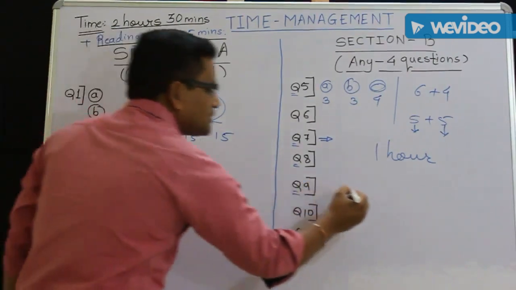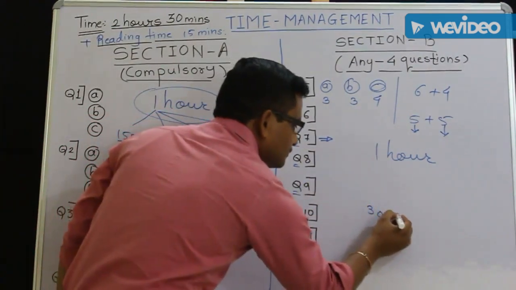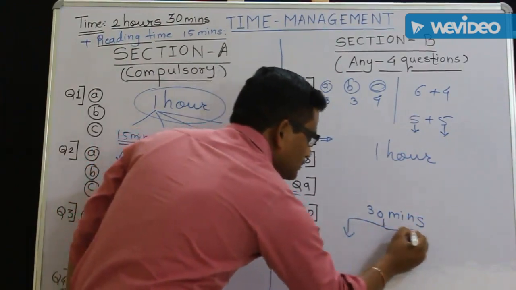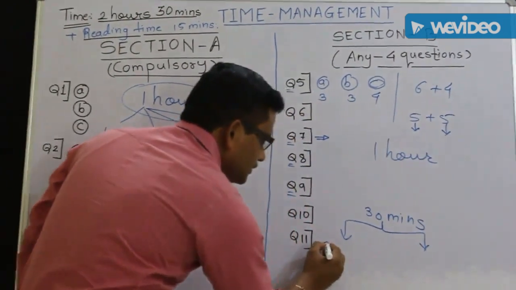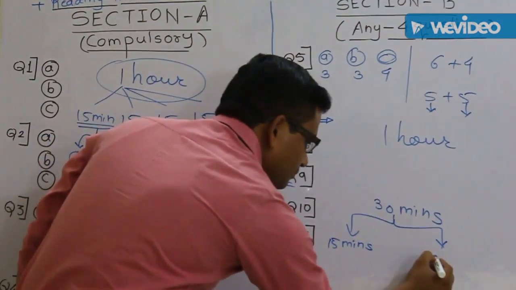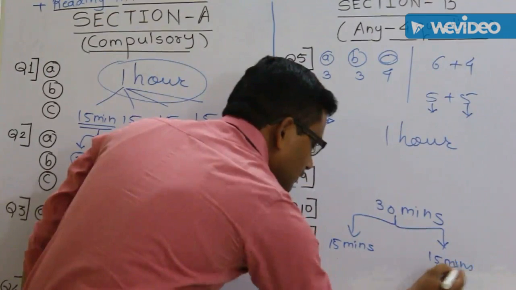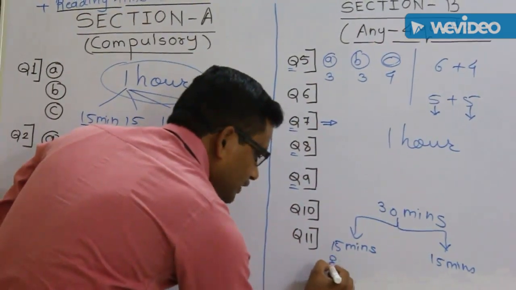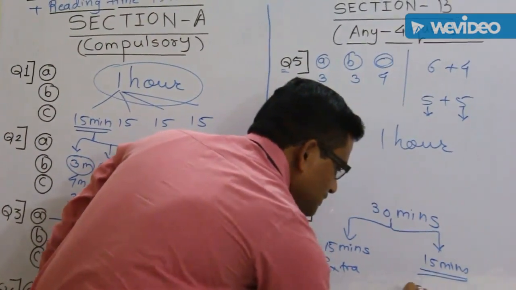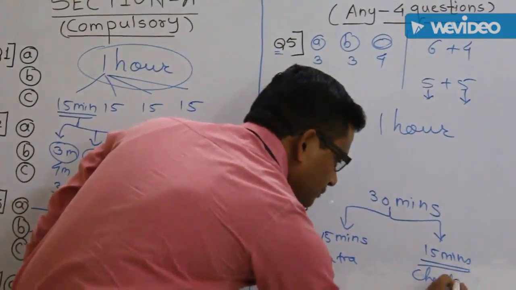Now what to do about the 30 minutes left? What we suggest as a teacher is that with this 15 minutes and this 15 minutes, either you can do an extra question, and it is compulsory that you check and recheck your paper.